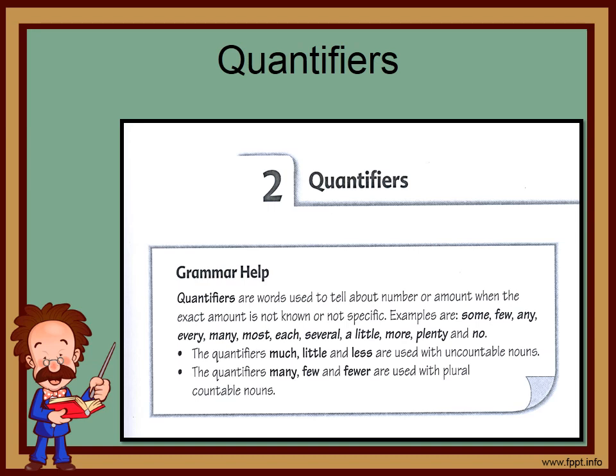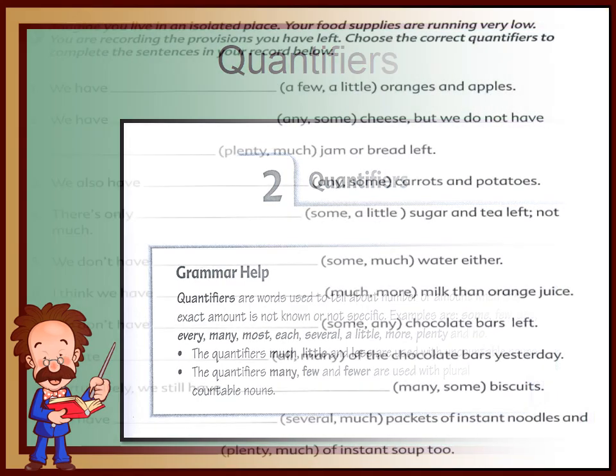This is important, because we can use quantifiers with count nouns and non-count nouns. But if the noun is uncountable, it means you cannot count the noun, then you will use much, little, or less. And the second point says the quantifiers many, few, and fewer are used with plural countable nouns. Countable nouns and plural too. So keep these 2 points in your mind, then the exercises will be easy for you to solve.